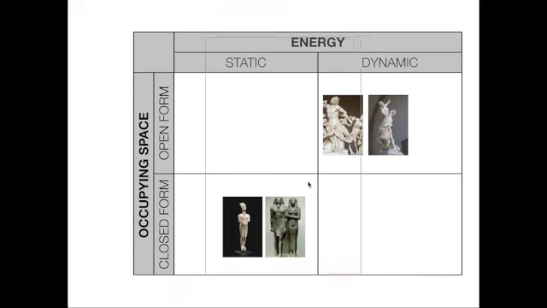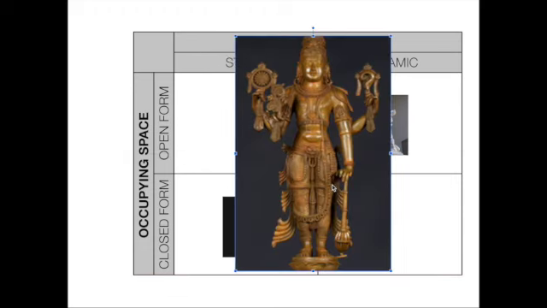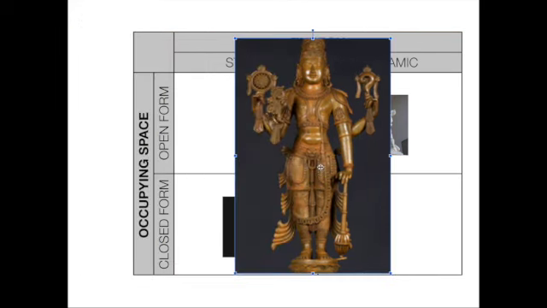So I have another test sample image for us to take a look at. And this one's a little bit more interesting, right? Because here we need to figure out, is this particular image going to be open or closed? And once we figure out whether it is open or closed, then we'll start thinking about whether it is static or dynamic. Okay?